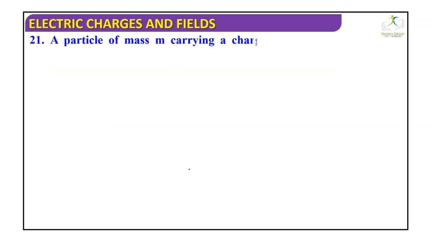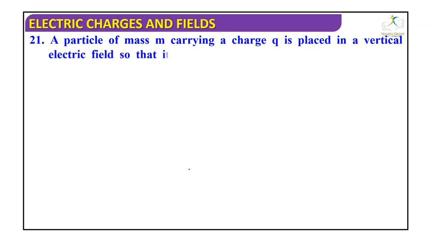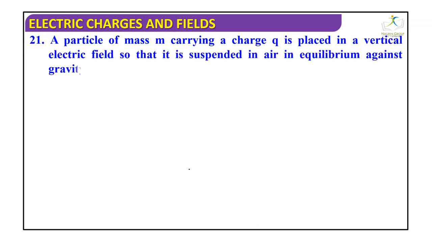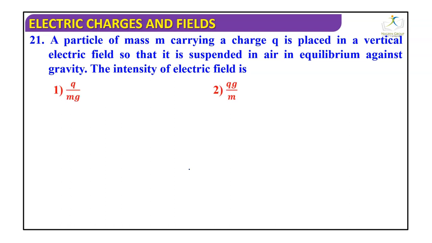Next we have a question. A particle of mass m carrying a charge q is placed in a vertical electric field so that it is suspended in air in equilibrium against gravity. The intensity of the electric field is q divided by mg, qg by m, mg by q, or mq by g?